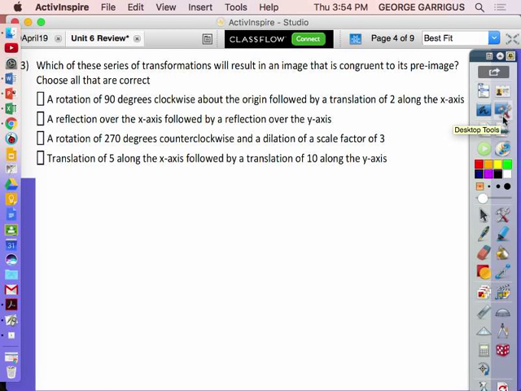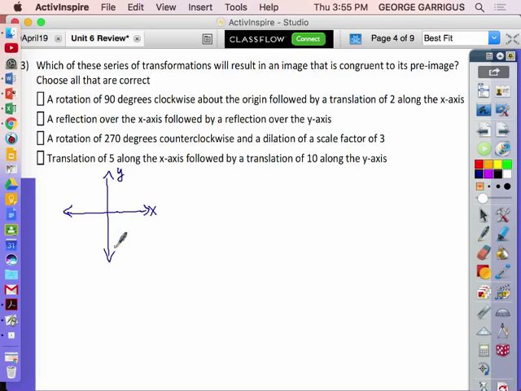Problem 3. Which of these series of transformations will result in an image that is congruent to its pre-image? Choose all that are correct. Okay, well, let's see. Let's test it out for each one. Here's an X and Y axis.